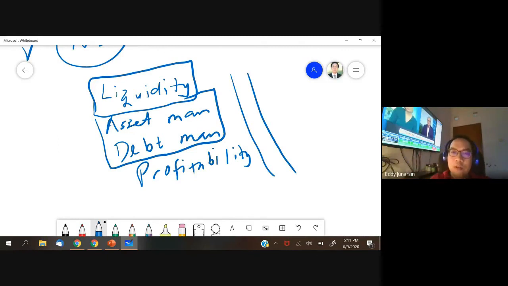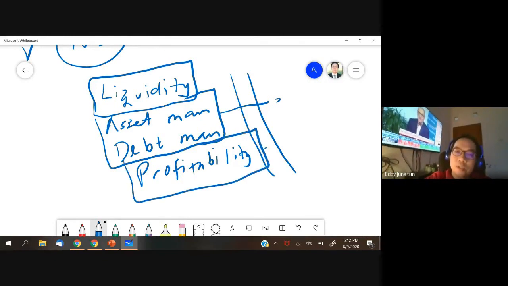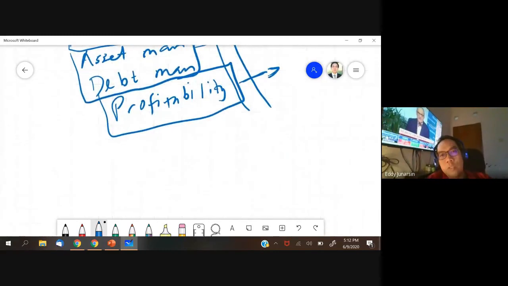The efficiency, the flow of the ball in the football game. So these are equivalent to the midfielder position. They have to improve the flow of the game to make sure that from the defensive end to the offensive end, they are connected, right? And they are smooth. And of course, the profitability ratios are attacking, right? So this is equivalent to the striker position. So it aims to score goals, right? So again, this is equivalent to the striker position.